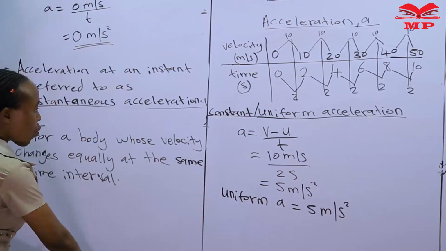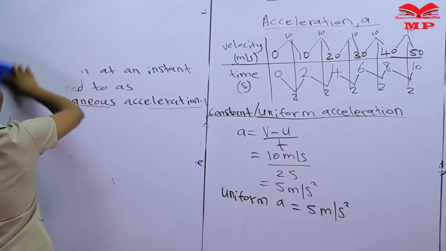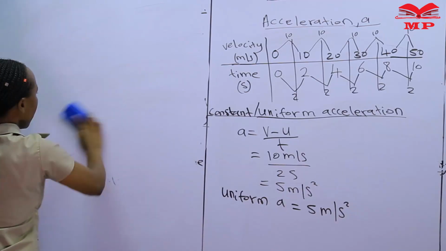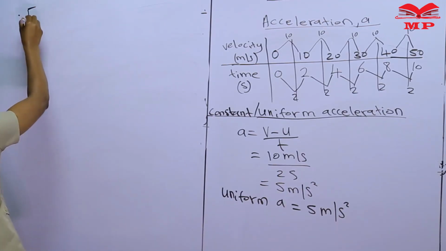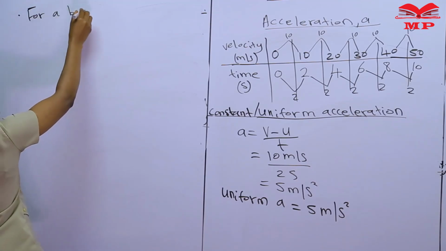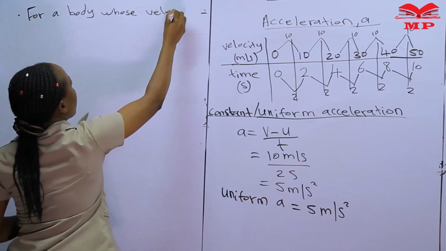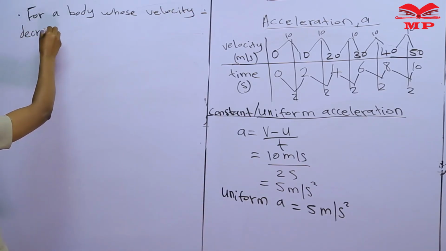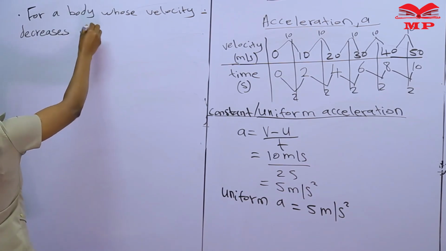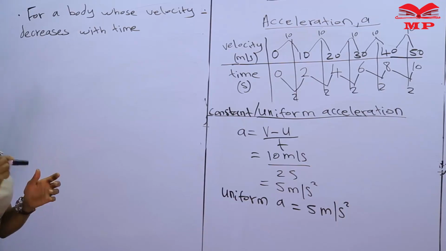Then again, we can also have another body whose velocity decreases with time.